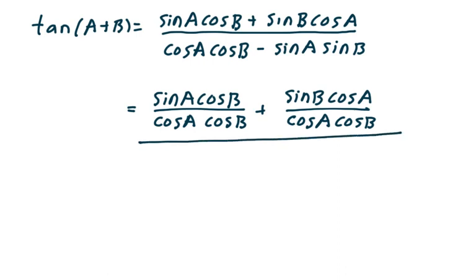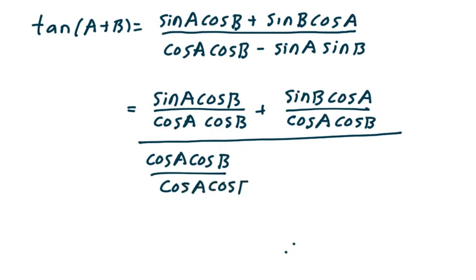The denominator is cosine A cosine B divided by cosine A cosine B minus sine A sine B divided by cosine A cosine B.